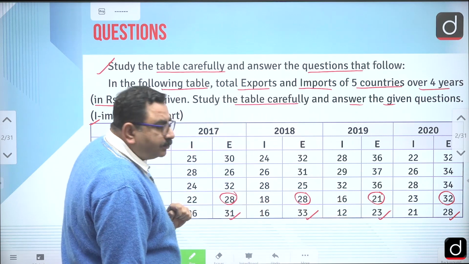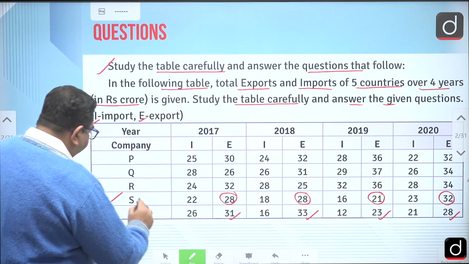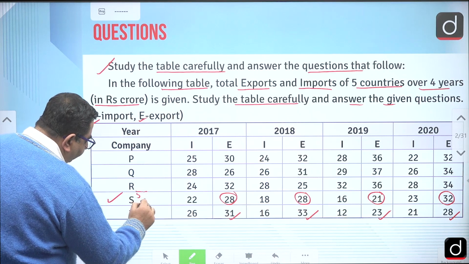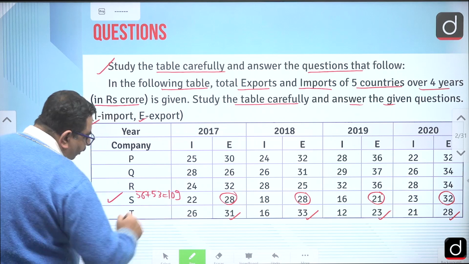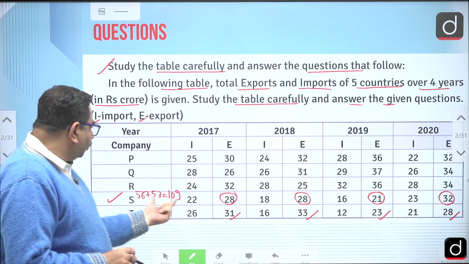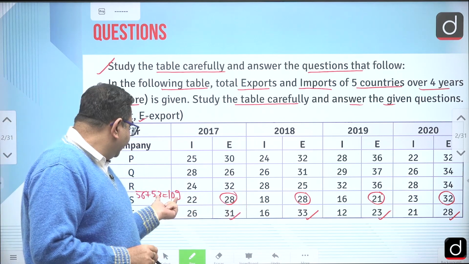So 56 plus 53 is 109. So the exports of company S is 109.